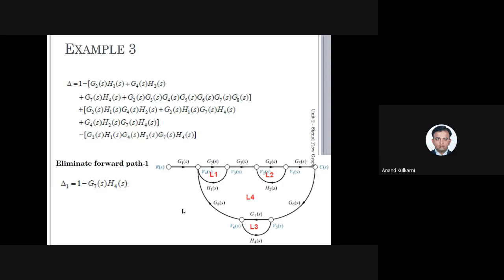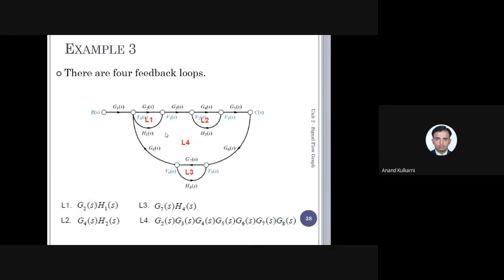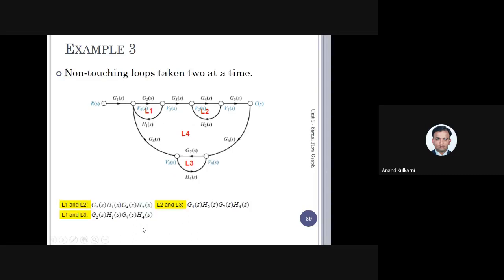So what we'll do is we'll go with what is delta 1? Delta 1 will be 1 minus the loop gain of all the single loops, plus the non-touching loops taken 2 at a time, minus the loop gains of loops 3 at a time.